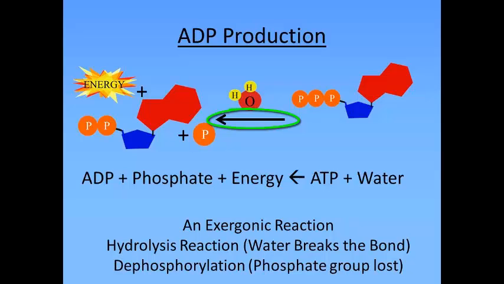Water is one of the initial reactants, over the arrow. It breaks the bond between your last two phosphates, and so it is a hydrolysis, or water breaking, reaction, and then dephosphorylation occurs because we have taken a phosphate group off of ATP when we produce ADP.